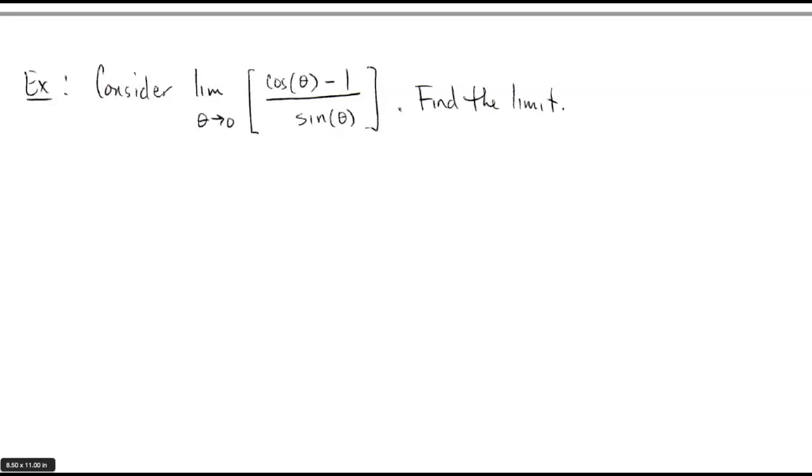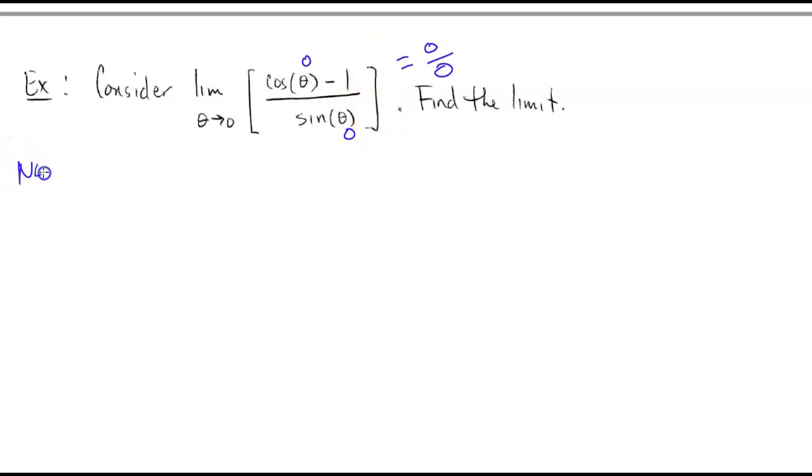But one of the issues that I have here is that if I were to plug in a 0 here for theta and a 0 here, I would still get that 0 over 0 case. So I want to at least try to get rid of having the 0 in the numerator and the denominator. I'm electing to take this cosine theta minus 1 and multiply the numerator and denominator by its conjugate, just because I have more to work with there.